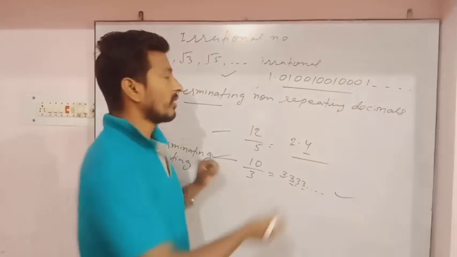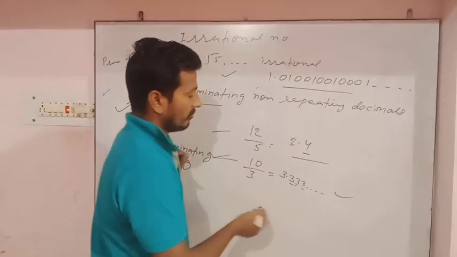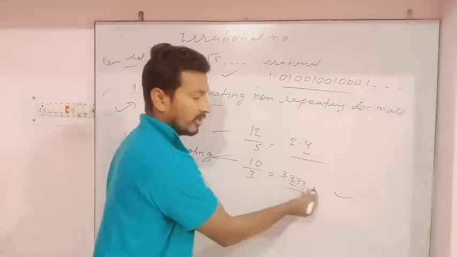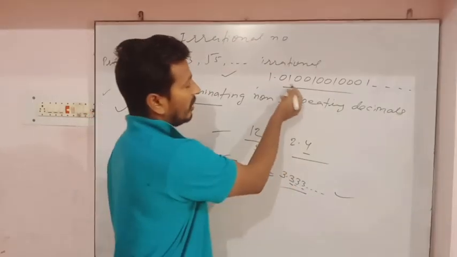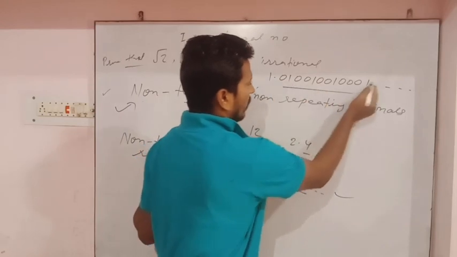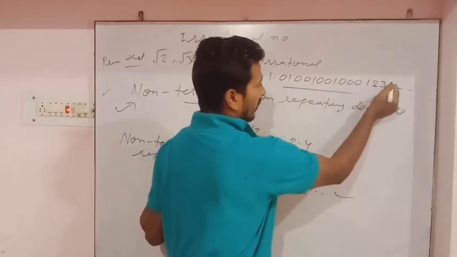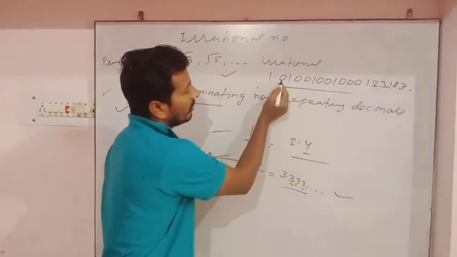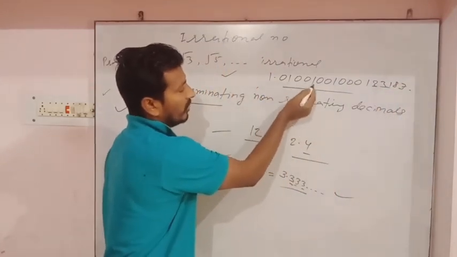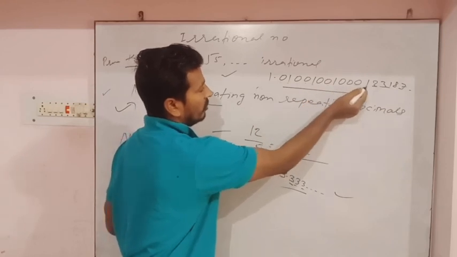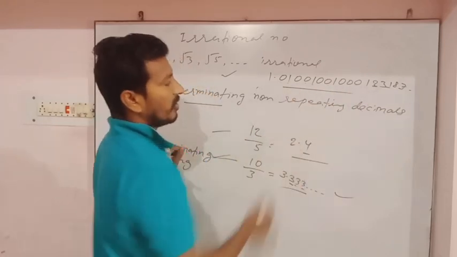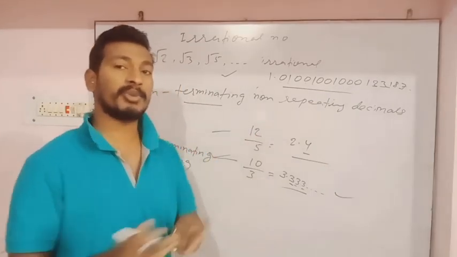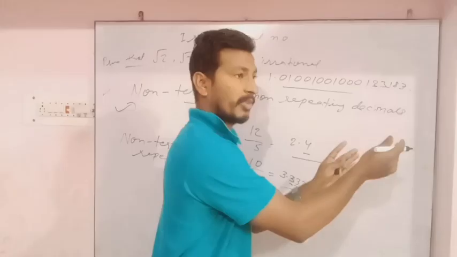And second, there is no pattern. Previously there was a pattern, 3.333. Here, look, 0 1 0 0 1 0 0 1 0 0 0 1. There is no fixed pattern, and neither a digit nor a group of digits is repeated periodically.